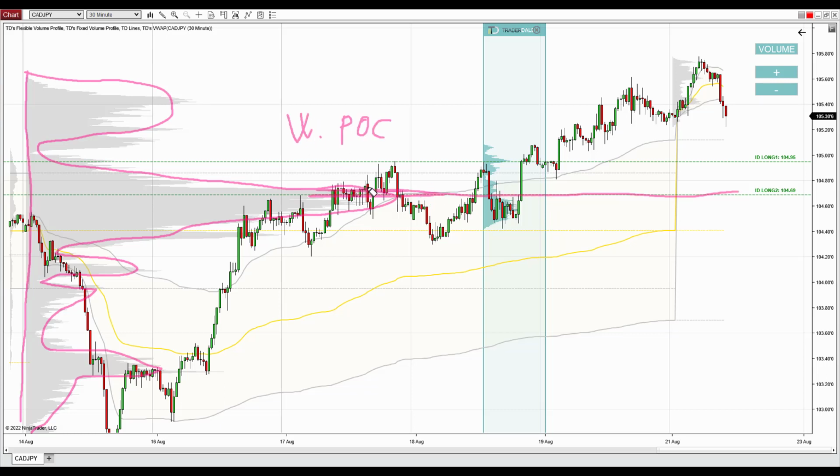This is telling us that the heaviest volumes throughout the whole previous week were traded there, right? At this zone. And that definitely adds strength to this level, right? So it's not only those volumes and this setup why I think that this should work as a strong support, but it is also the weekly point of control here, right?